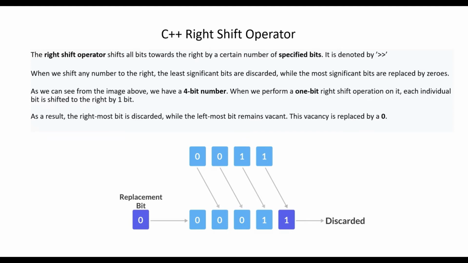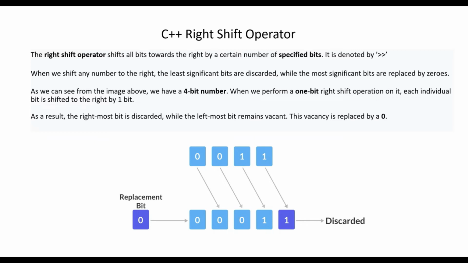As a result, the rightmost bit is discarded while the leftmost bit remains vacant. The vacancy is replaced by 0. So the last digit 1 will be discarded and 0 will be shifted in on the left side. So this is a common example of the C++ right shift operator.